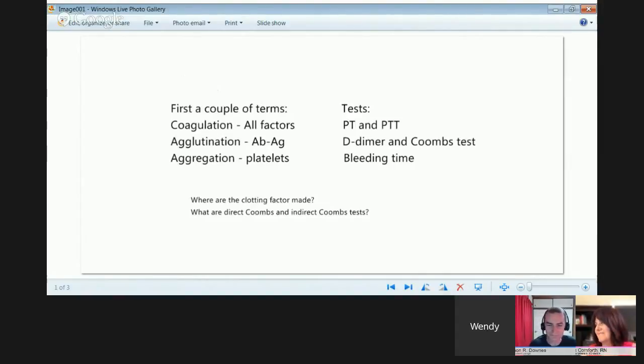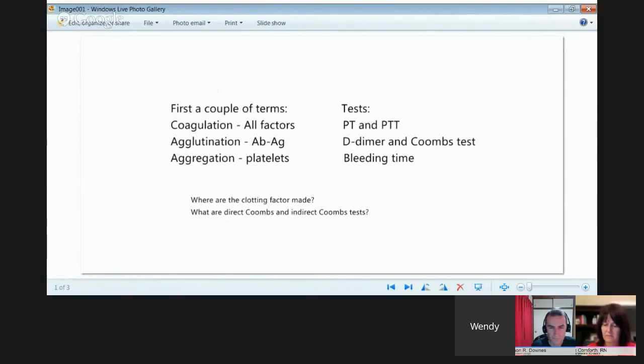All right. Okay. So agglutination, those are our D-dimer and Coombs tests. And aggregation is when we talk about platelets, so that would be our bleeding time. I have a question to pose to you.